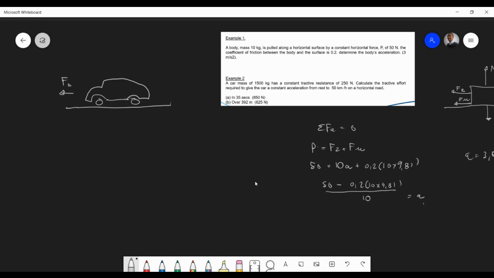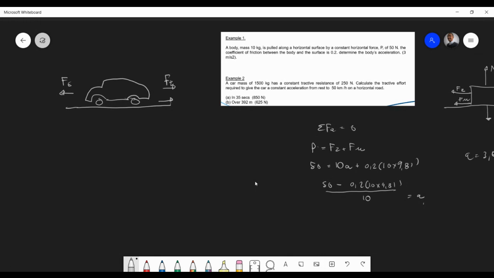So they want the force required to move this car in a particular direction, and here we have force. We have the tractive resistance. Of course, I mentioned to you the tractive resistance is the sum of all the forces reacting to the movement.